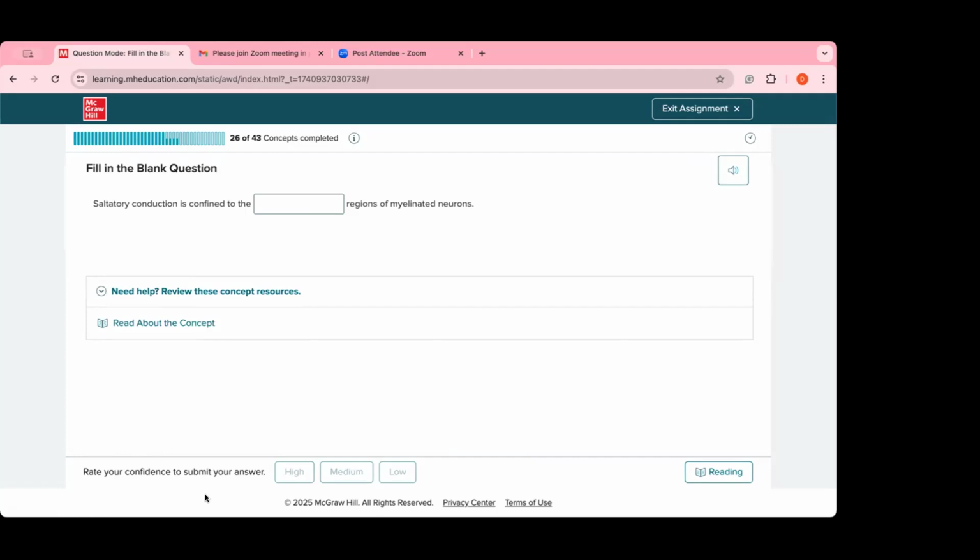Alrighty, so now it's saltatory conduction is confined to the blank regions of myelinated neurons. I don't know. Let's read about it and see what it tells us.